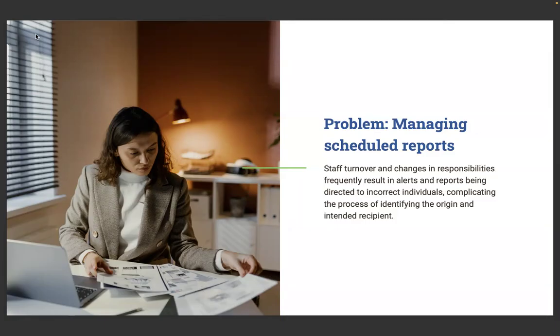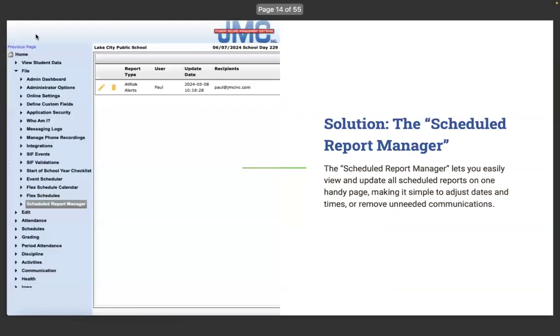So the whole thing is, I've had staff turnover. Now I want the new principal to be receiving these attendance reports. How do I transfer that information, or where do I even go quickly to change those scheduled reports? So our solution is the Scheduled Report Manager.